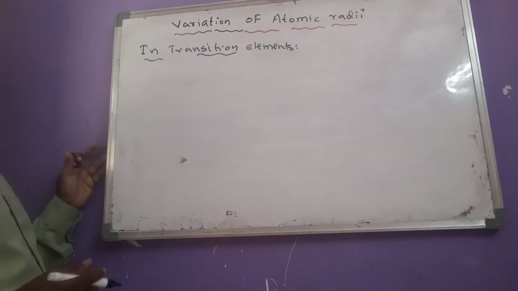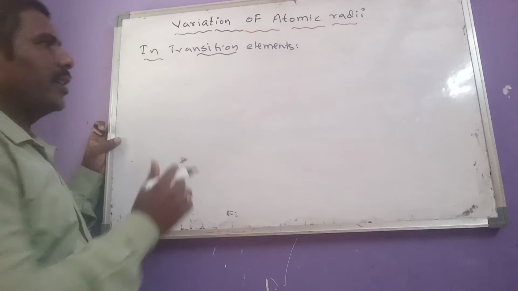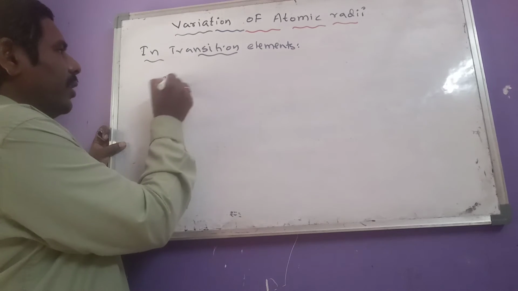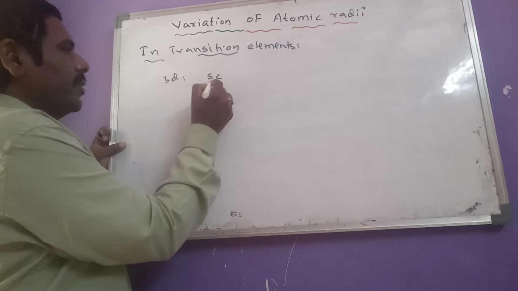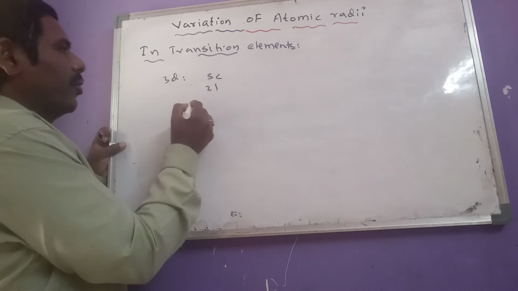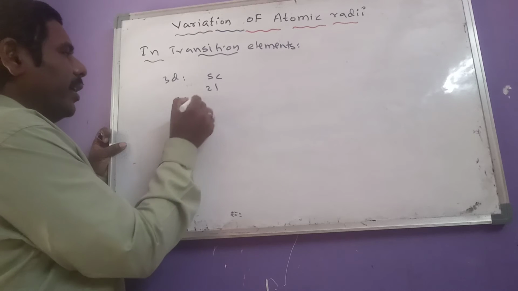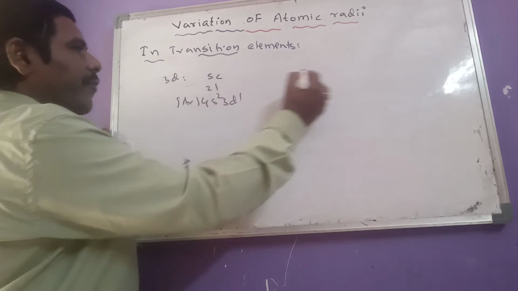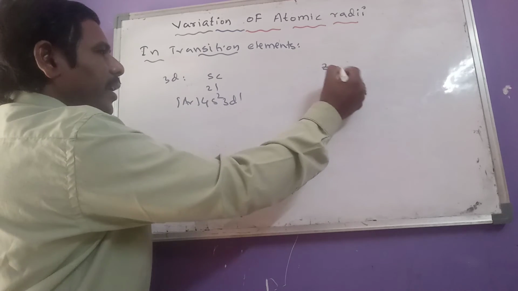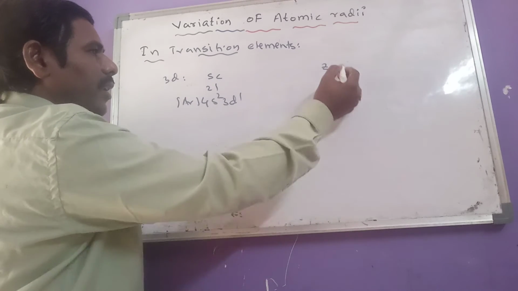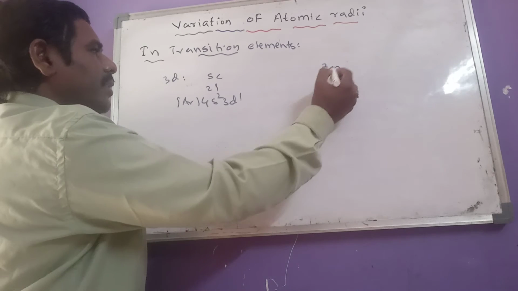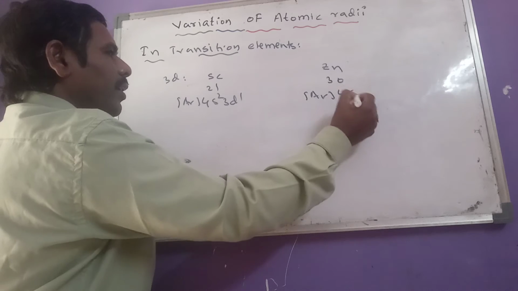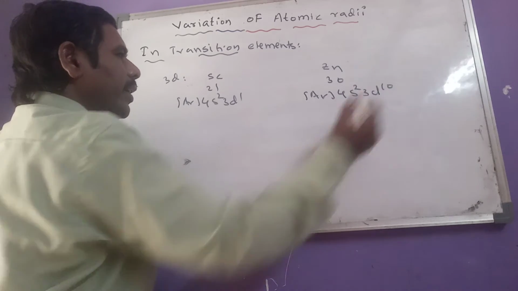Let us see here. In the case of transition elements, consider the 3D series. The first element is scandium, atomic number 21, its configuration argon 4s2 3d1. The final element in the 3D series is zinc, atomic number 30, configuration argon 4s2 3d10.